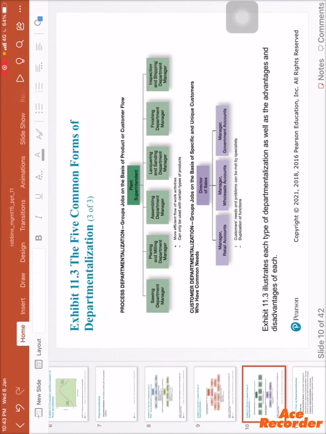So this one they tend to be more, yang ni pun dia lebih kepada efficient flow of work activities lah.